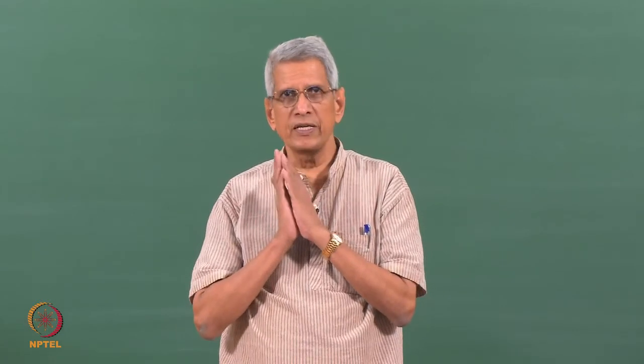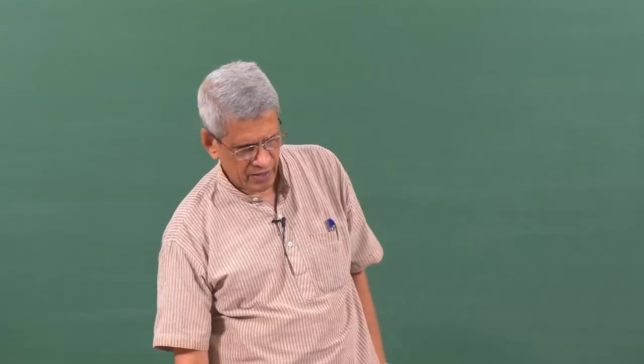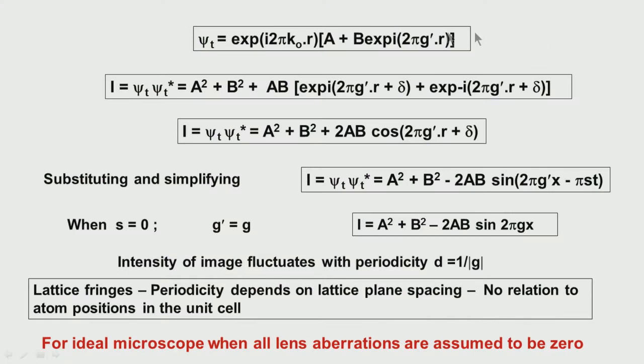So, what we essentially did in the last class is we assumed a plane wave entering the sample, and since the material is crystalline and has a periodicity associated with it, part of the beam passes through without any interaction. The other part gets diffracted.